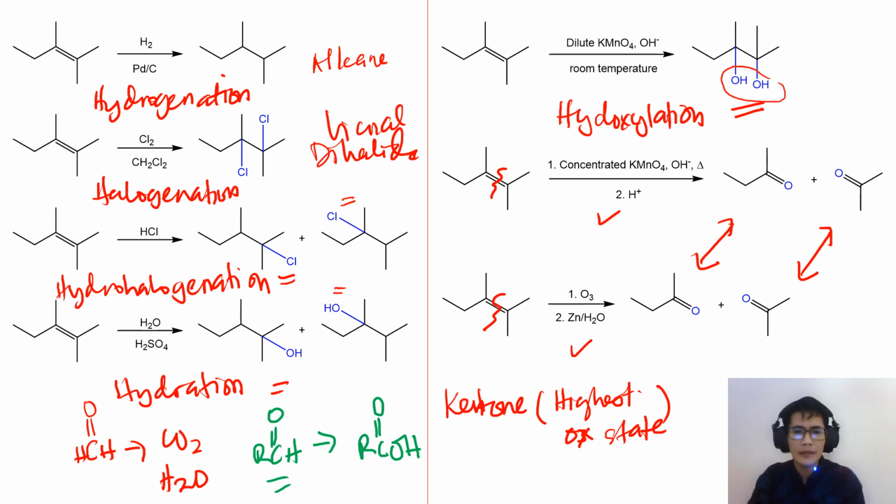But in this case, you have the ketone, RC double bond OR. You have no more hydrogen atom attached to the C double bond O. Therefore, this is the highest oxidation state. So the product for the ozonolysis and the hot concentrated KMnO4 is exactly the same.